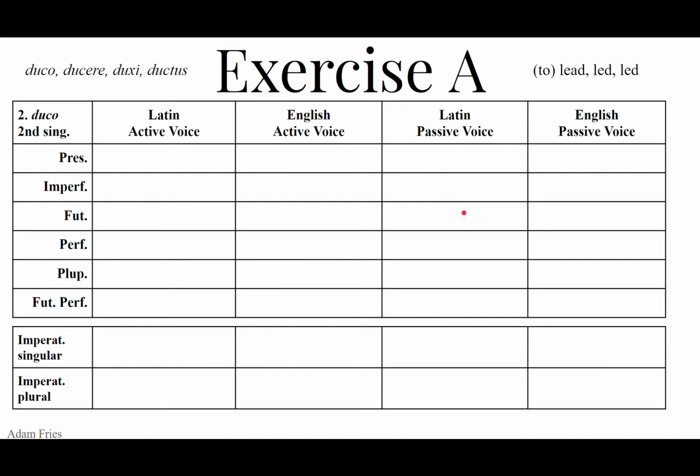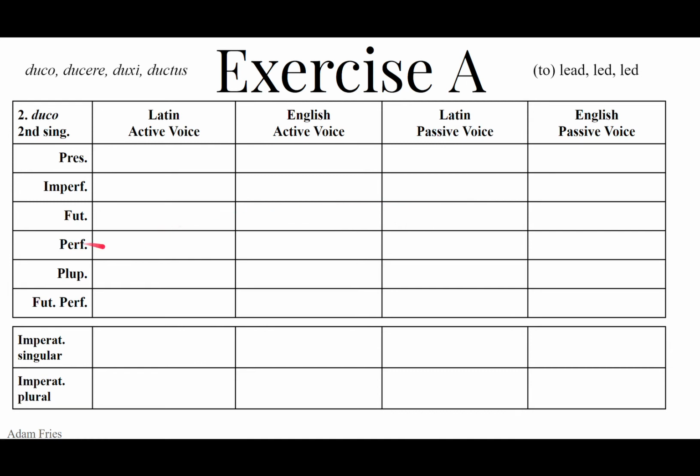Duceris, because the future passive endings for the third conjugation are ar, eris, etur, emur, emini, entur. So eris, long E-R-I-S, duceris. You will be led, which is different from duceris. You are being led. Duceris and duceris.